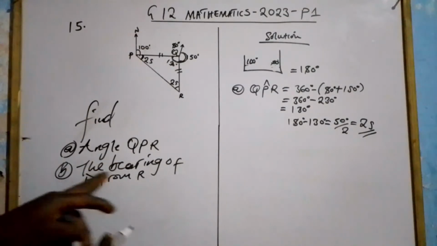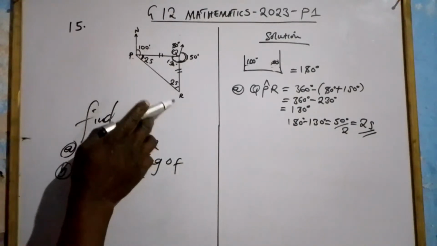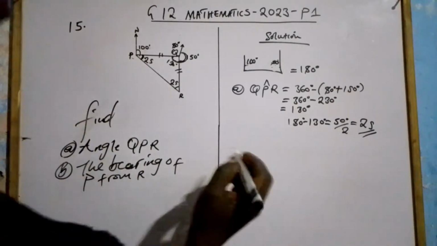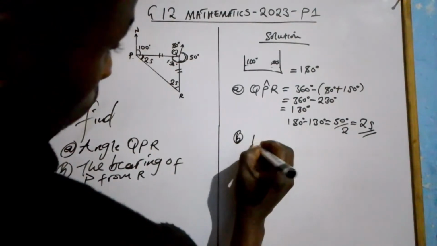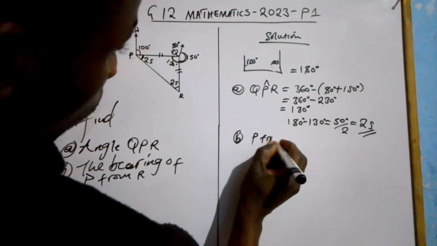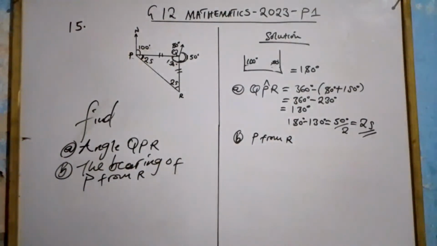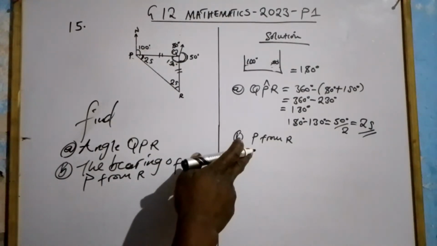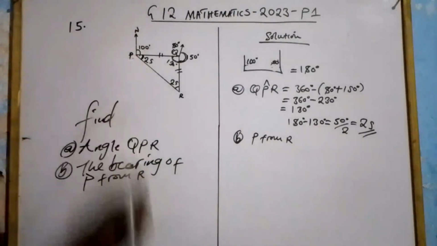So now let's find the bearing of P from R. Here you must pay much attention when finding the bearing. So we have P here, bearing of P from R. This is where most of the people make mistakes, because they don't know where to stand, where to build the north.